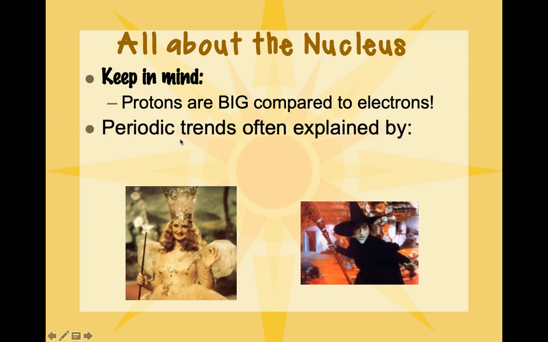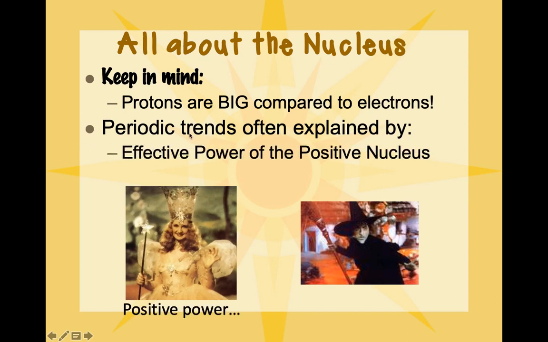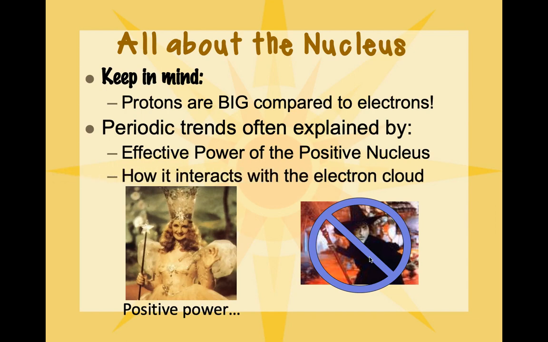So the periodic table trends often can be explained by the effective power of the positive nucleus pulling on the negative electron cloud. So that's going to be a common trend a lot of times. So how powerful is the positive nucleus to attract the negative electron? So that's the idea.